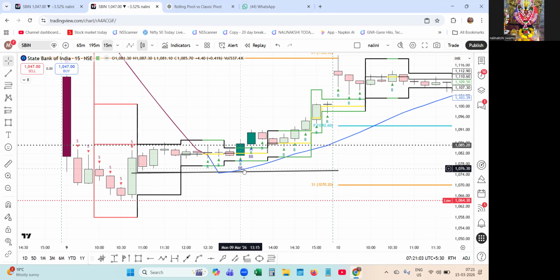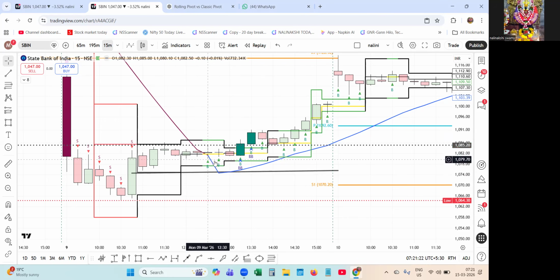You will not panic by seeing the red candle, nor attempt to sell it, because comfortably price is above the pivot and above the Gann HiLo. Why do you need to panic about the red candle?